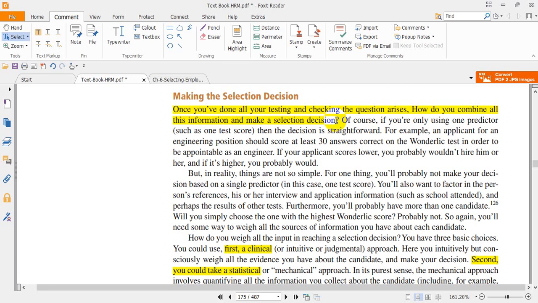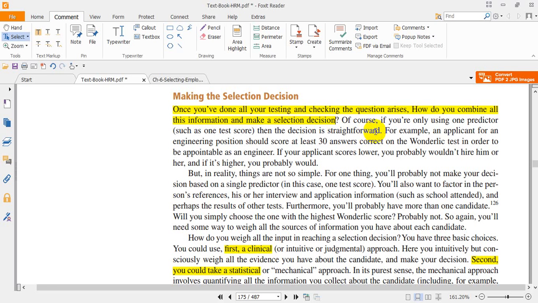After these tests and steps have been done, here is how we combine all this obtained information to make the right decision and to select the best fit person to the position.